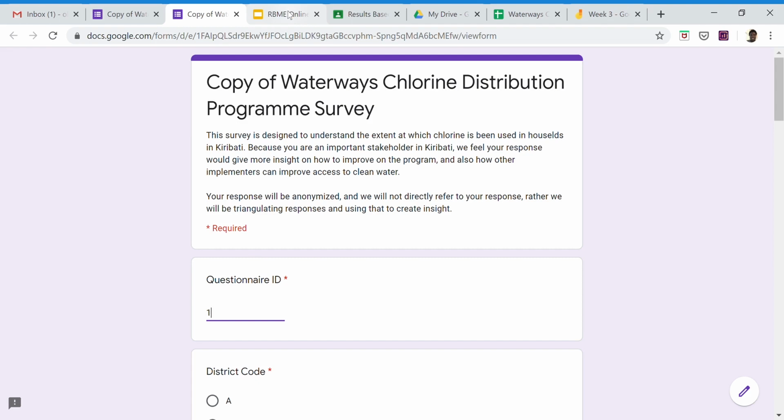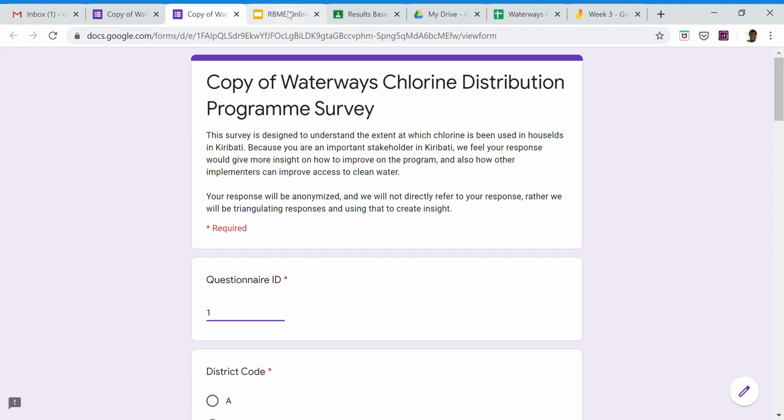Imagine that you're going to give this to enumerators who are supposed to go to the field and get the responses. It means that you would be able to identify the number that was responded to.